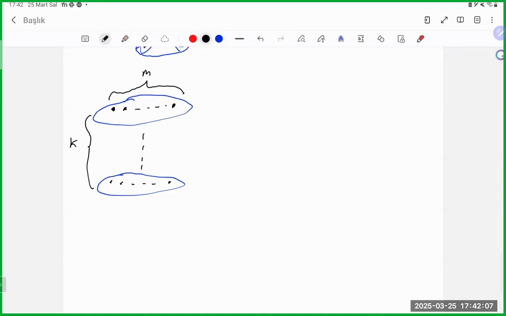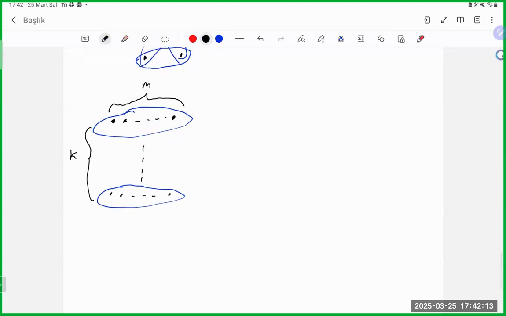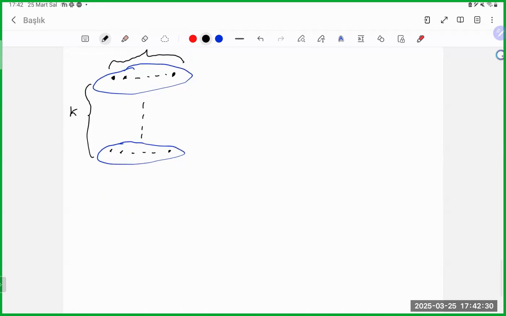So it is a Bell scenario for one party. It's not a very interesting case, but none of the measurements share the same outcomes, and there are k measurements, and each measurement can have m outcomes. So this is a Bell scenario.